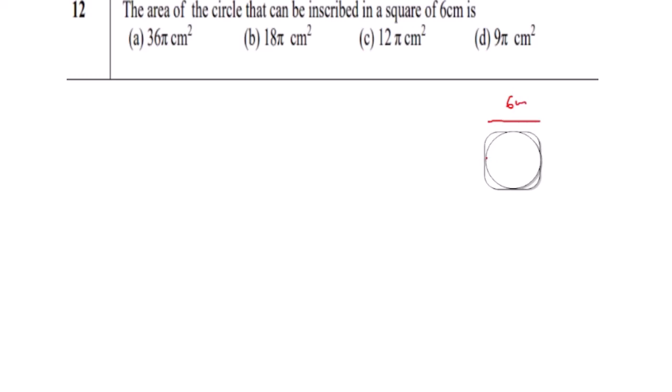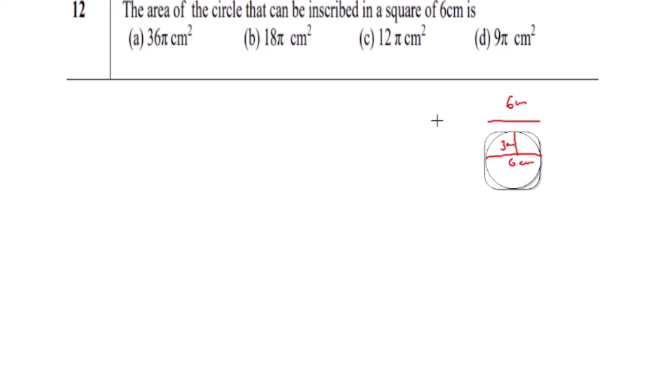That means the diameter will be 6 centimeters. If the diameter is 6 centimeters, the radius will be half of the diameter, 6 by 2, which is 3 centimeters.